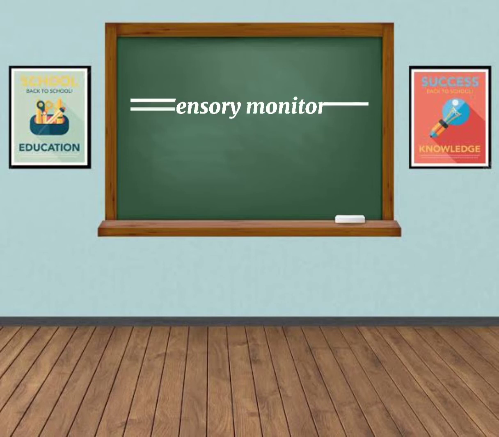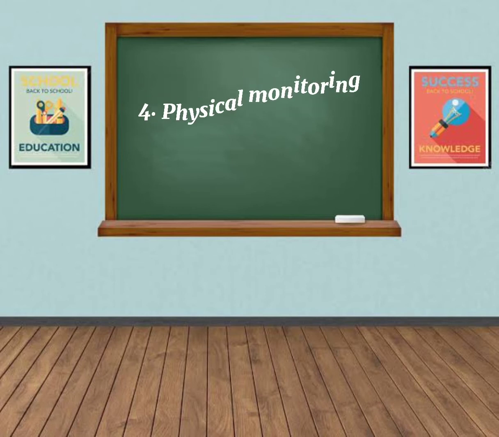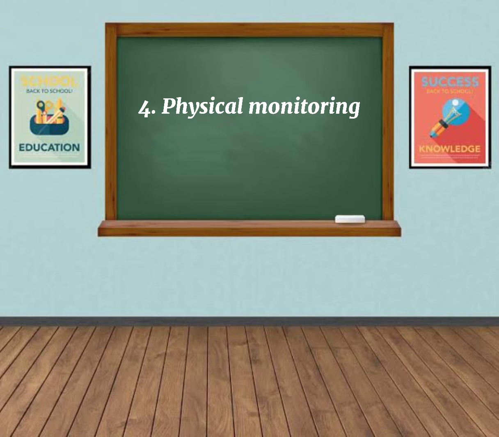Number 2, sensory monitoring, using taste, smell, touch, and sight to check whether the food is within critical limits. Number 3, chemical monitoring, like checking acidity levels and conducting a nutritional analysis. And the last one is physical monitoring, like checking food temperature, pressure, weight, and so on.